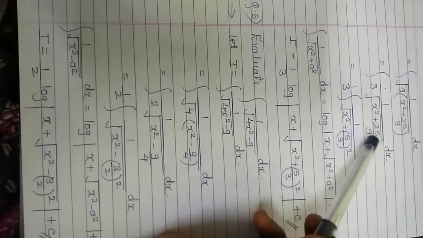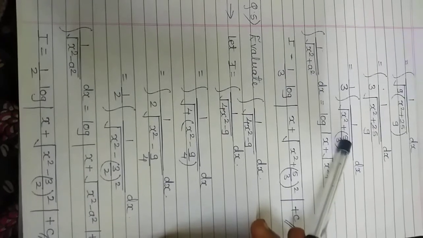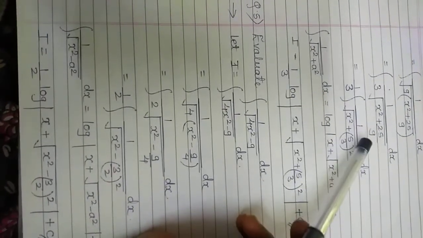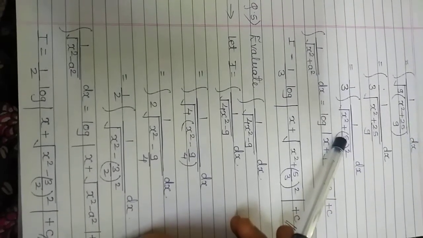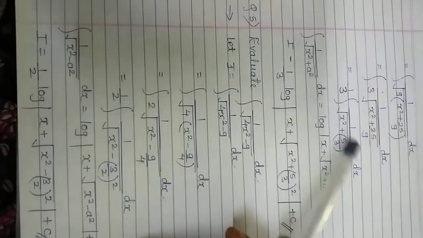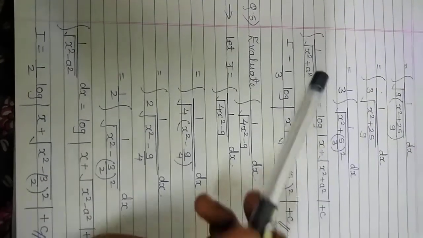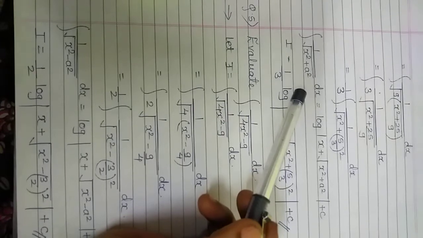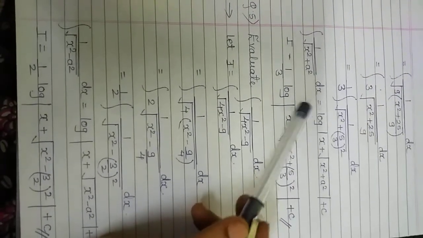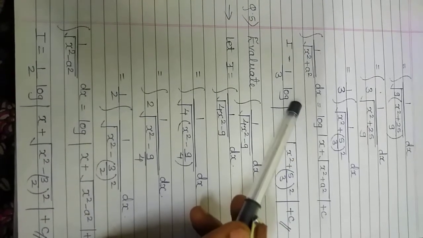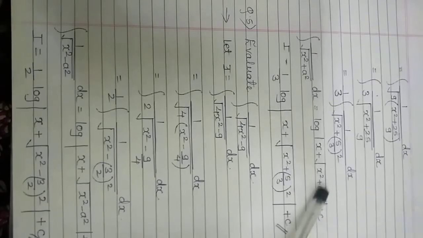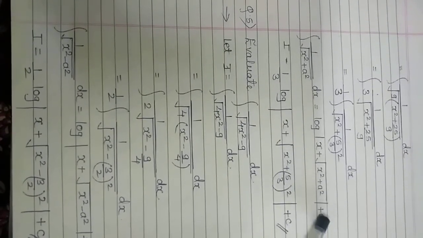Now this 25 by 9 we can write as 5 by 3 the whole square. Now this is in the form of integration of 1 upon root of x square plus a square, where the value of a is 5 by 3. This is also one of the special results of integration, and the formula is integration of 1 upon root of x square plus a square dx is equal to log mod x plus under root x square plus a square plus c.